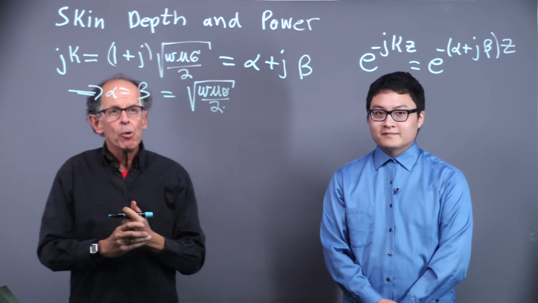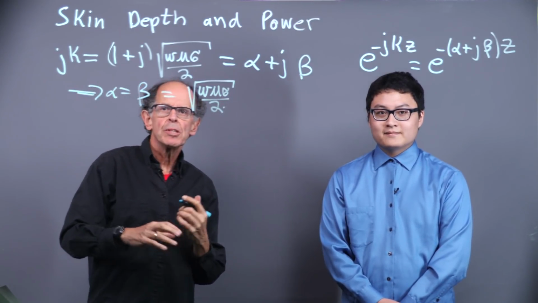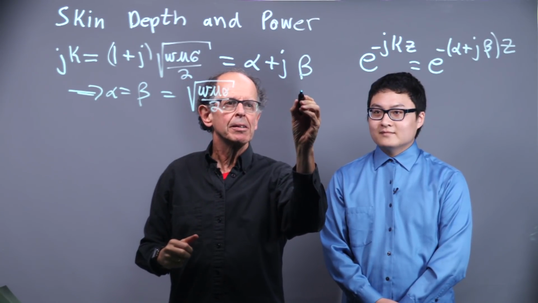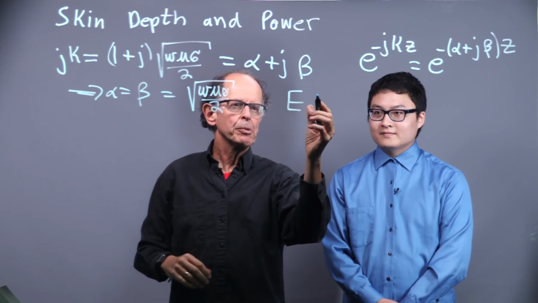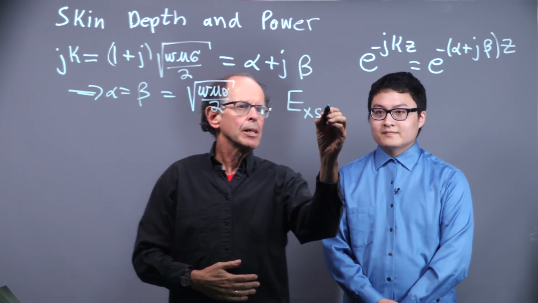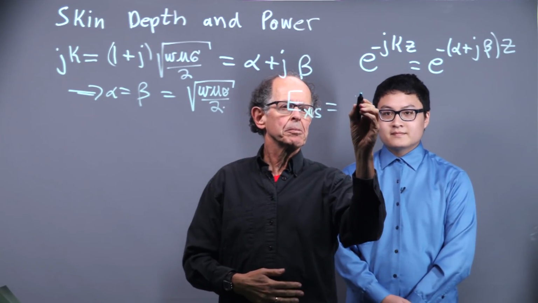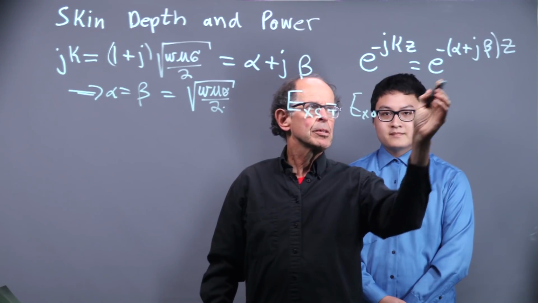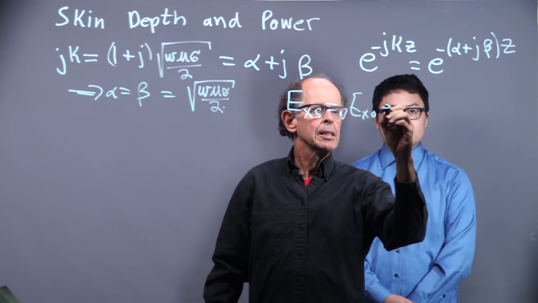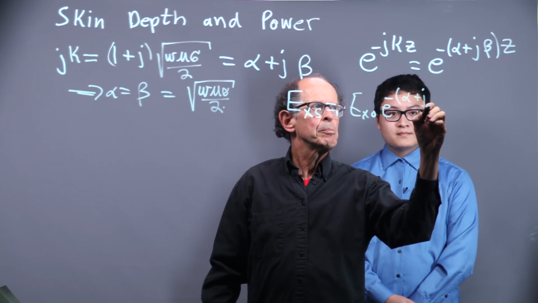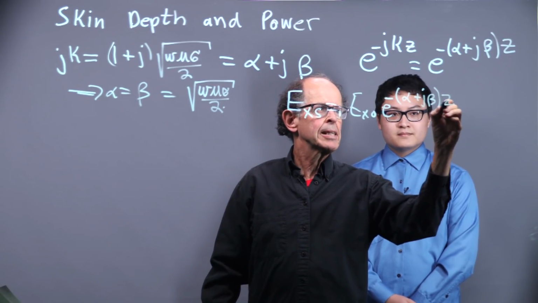Now, what we're interested in is the electric field. Let's just call it E for simplicity, the x component, so it's Exs. It's going to have some amplitude that we could call Ex0 times e to the minus (alpha plus j beta) times z.